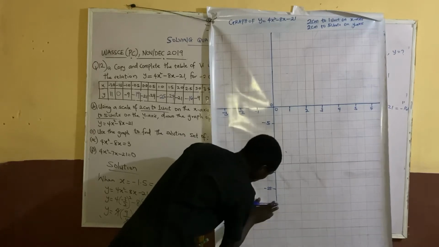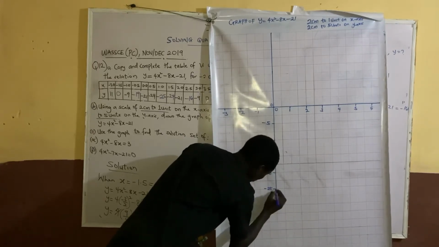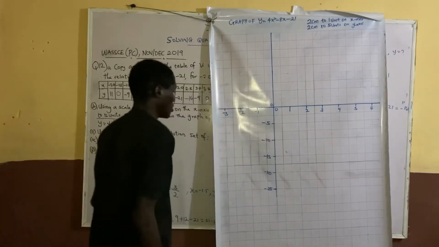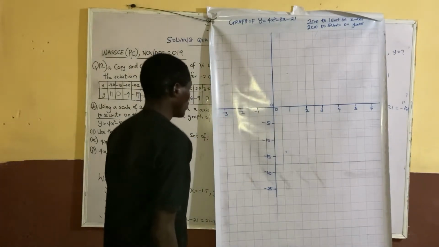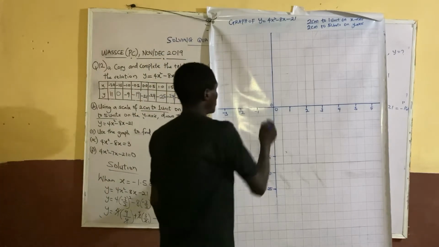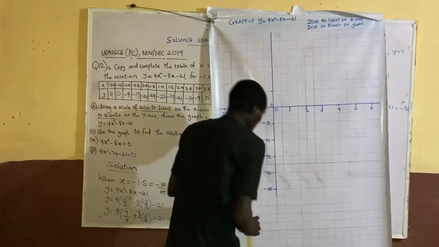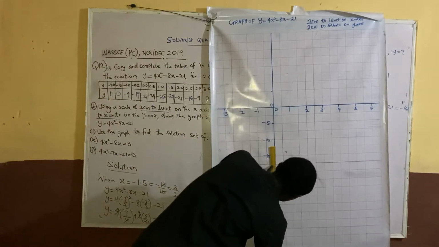Minus 25 is our lowest value, so there's no necessity for us to go down. But if we wish to extend it, let's extend it.